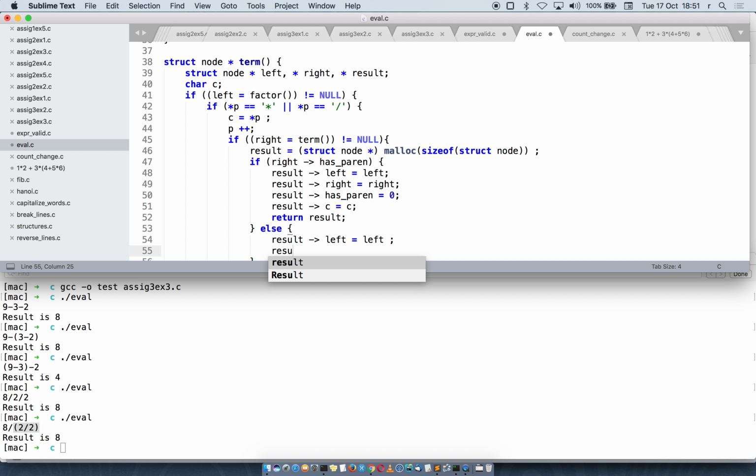Okay, result dot left equals left. Result right equals right. And return right.